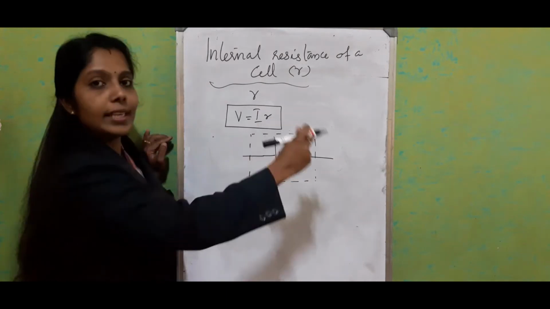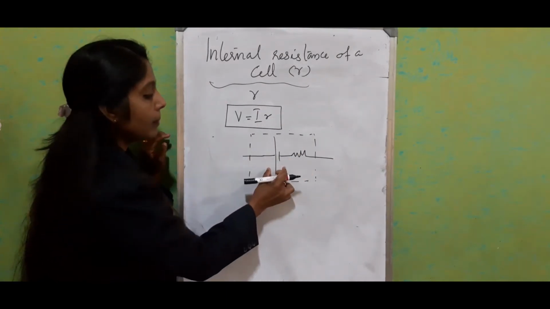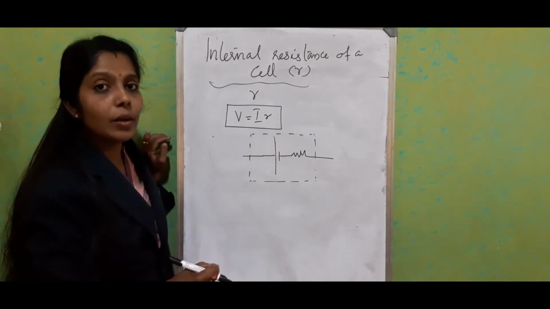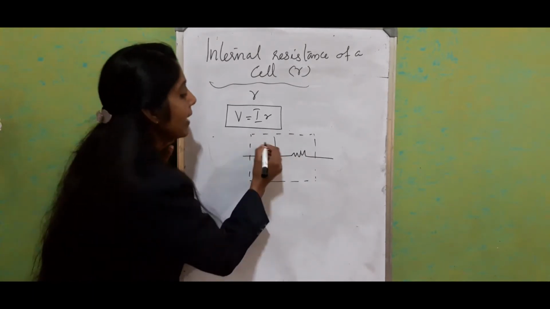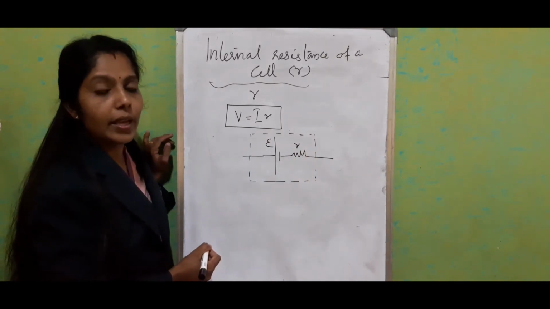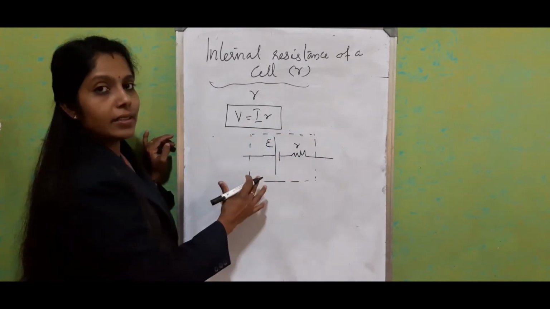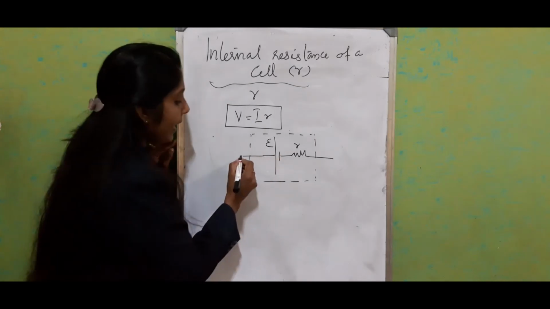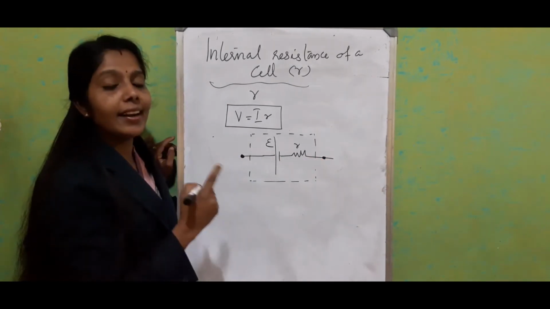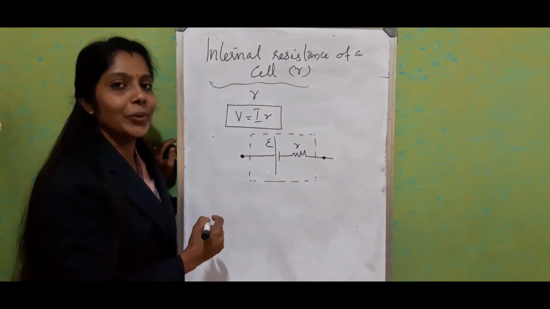This box, with the symbol of the cell and the symbol of the resistor, shows the internal resistance. This is epsilon and this is r. So this entire setup shows the representation of internal resistance in a circuit.